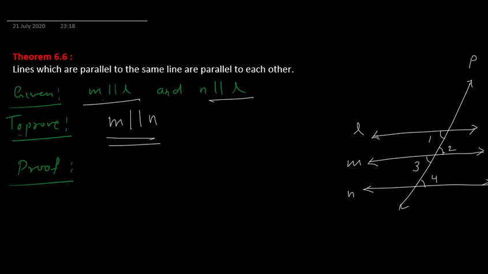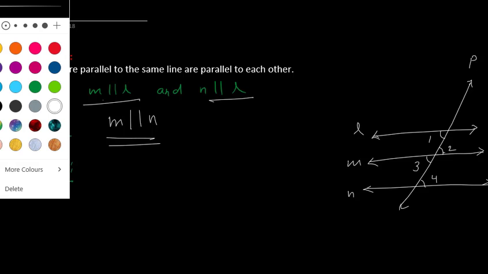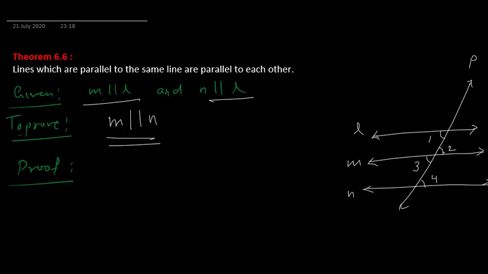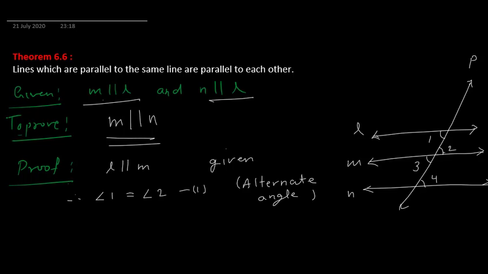Now in proof, what I will say, that first we have given that line L and line M, they are parallel. This is given. So I will say that therefore angle 1 is equals to angle 2. What is the reason? This is your first equation, alternate angle. Now angle 2 is equals to angle 3.